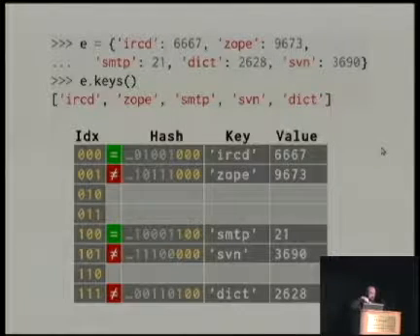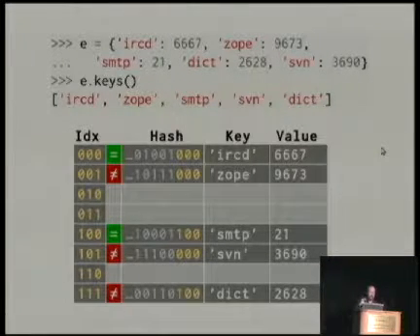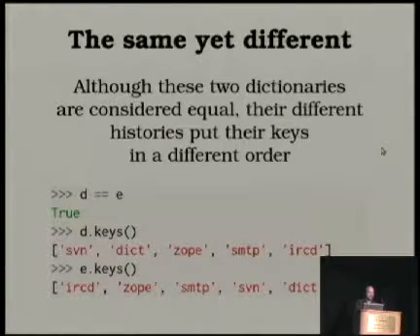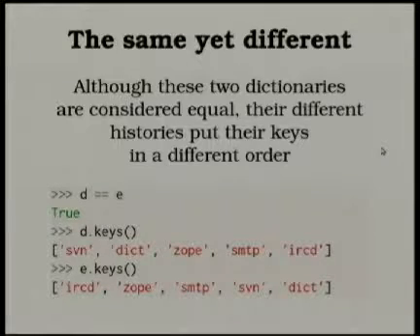Well, it then gets to grab slot 000, and it's SVN that has to go hunting for a backup location when it comes its turn to be inserted. This means that even though those 2 dictionaries I just created, D and E, are from Python's point of view identical, Python is going to tell you that semantically those dictionaries mean the same value.